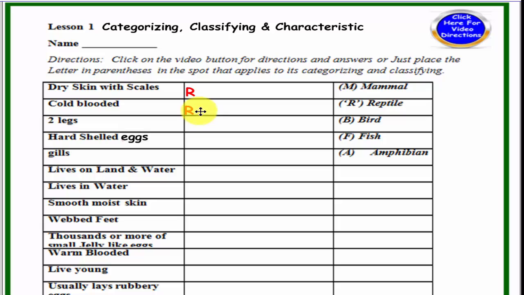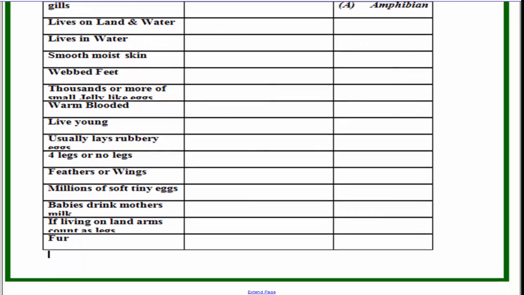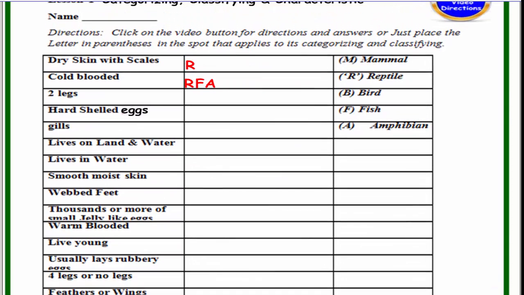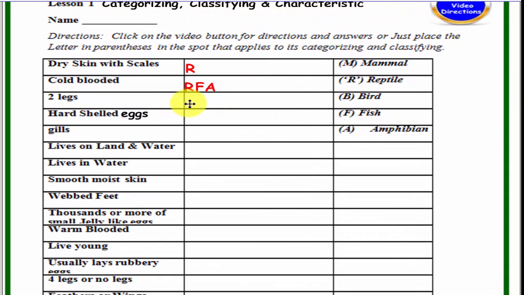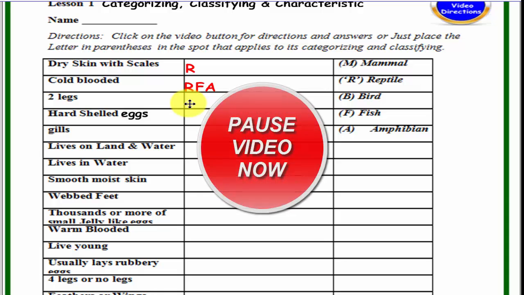Well, it was a reptile. It was also the fish, and it was the amphibian. So here's what we'd like to have you do. Pause the video, complete the rest of these, and then continue playing the video, and we will provide you with the answer. If you would, please pause the video now. Thank you.